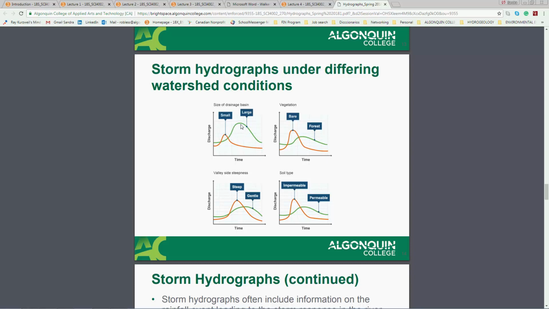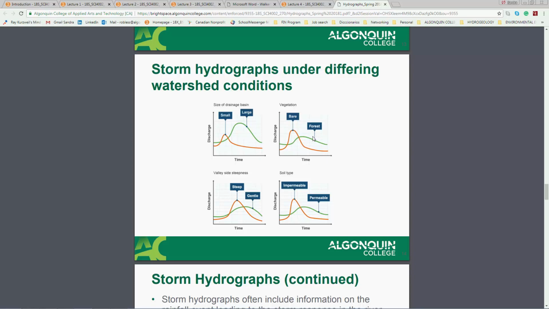Here, for a larger basin, we will have a longer lag time, so we will see this peak later. We will see this maximum runoff later in time for a larger basin.